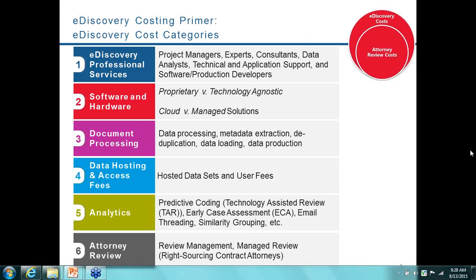Right. And on a very basic level, when you use the word analytics, what we are basically talking about are the technology tools that you're going to use in order to analyze the data, the ESI. That is essentially what falls under the grouping of analytics.